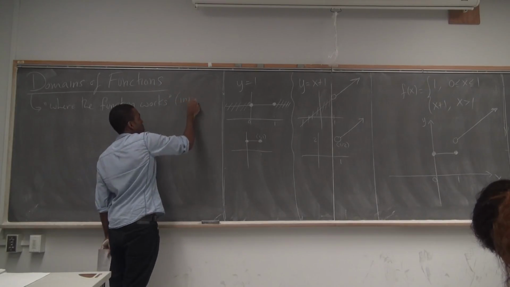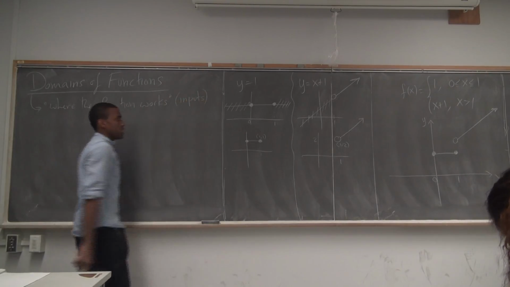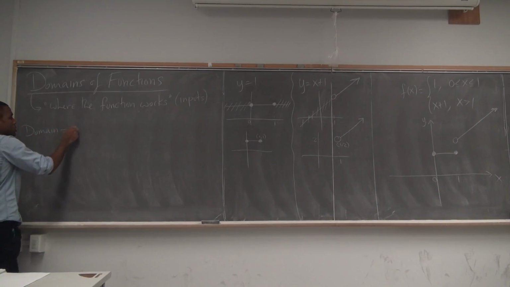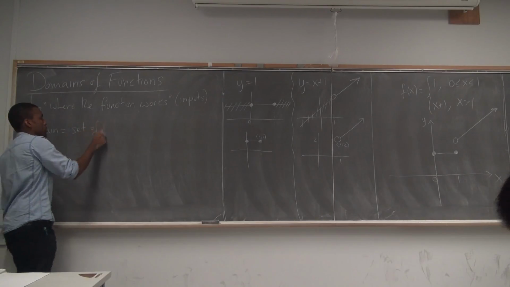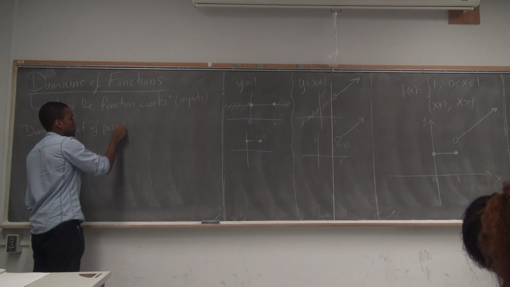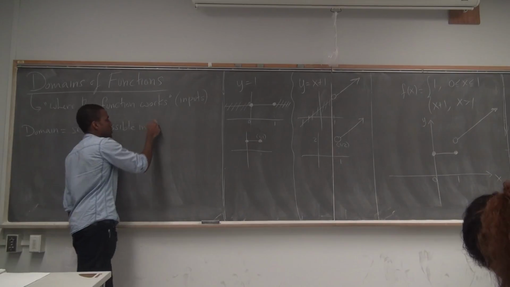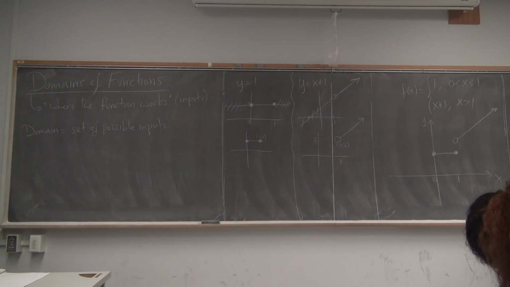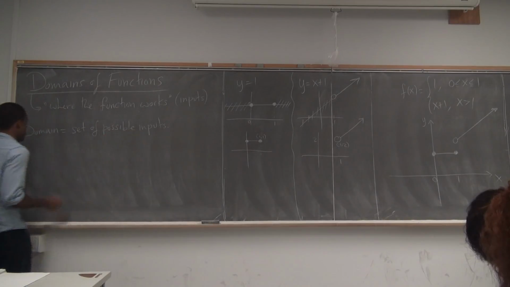And by the where, I'm talking about the inputs, the range of x's, right? So basically domain equals set of possible inputs. The set of x values that you can plug into this function and it makes sense, right? That's what I mean by possible.